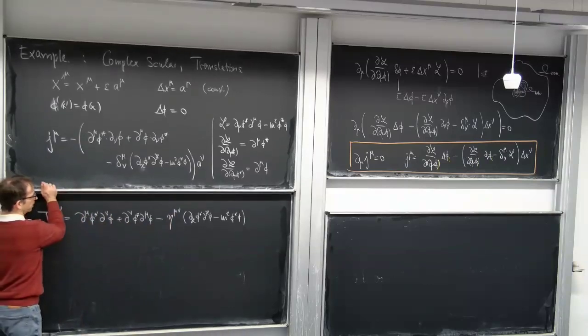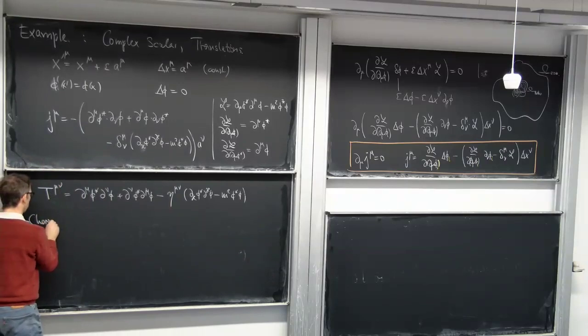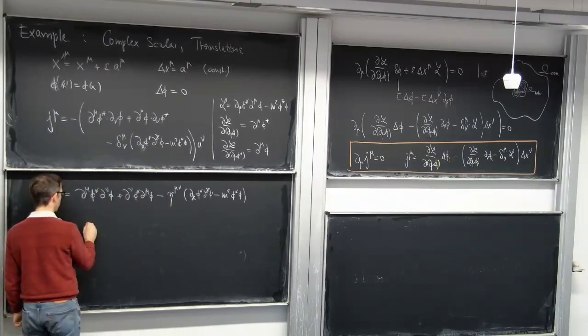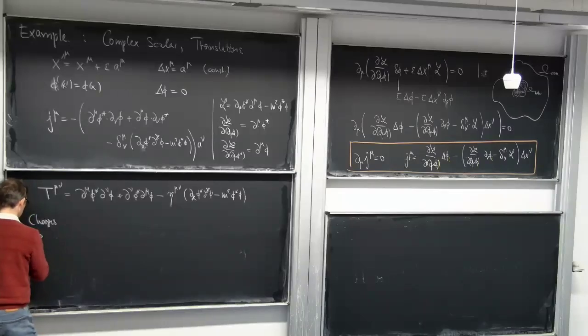Let's see what the charges are. So the energy, always the charge. So charges is always the zeroth component of the current integrated over space. And here I have 4 currents.